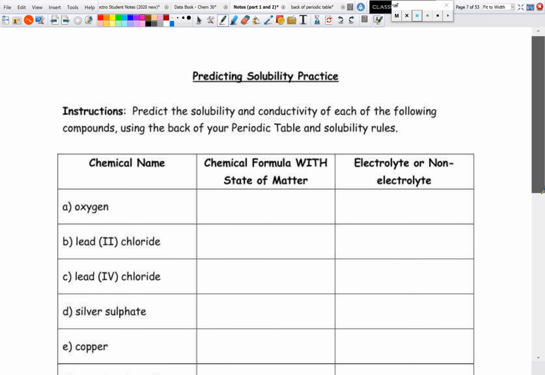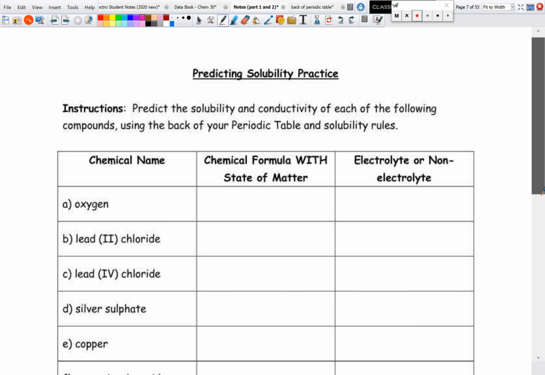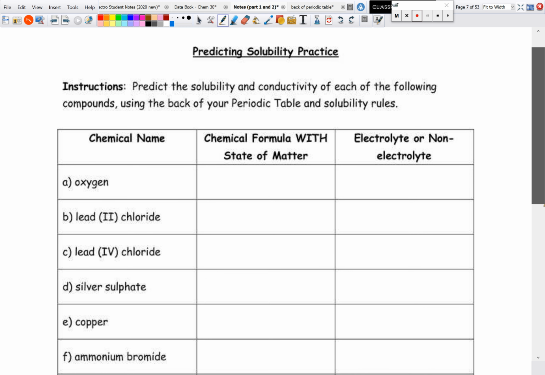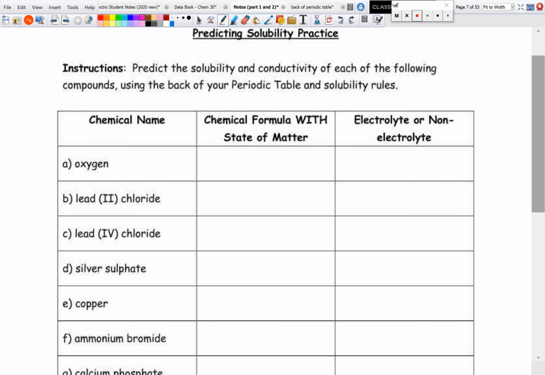Now, last but not least, this is just where we're going to end as well. This is just extra practice, looking at different compounds and then predicting if it's going to be, in this case, an electrolyte or a non-electrolyte. Pay attention to the chemical formula with the state of matter, but you should also really work on classifying them as well. So for example, oxygen by itself is just an element.